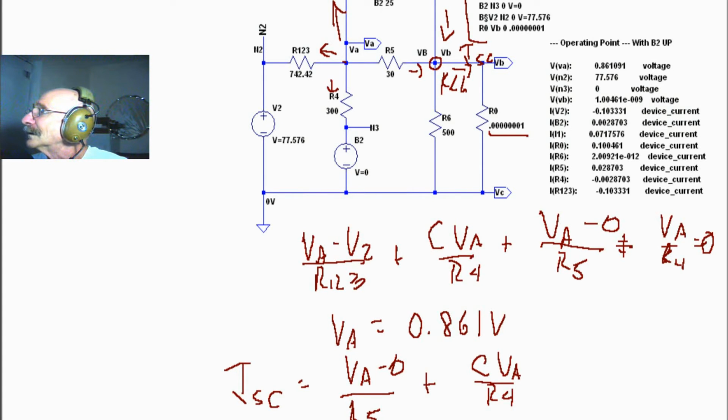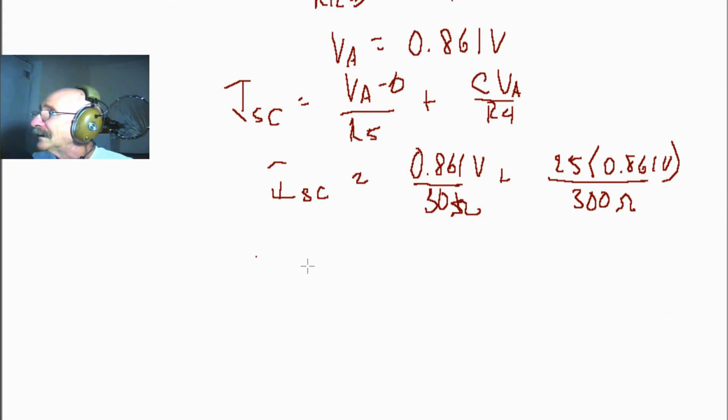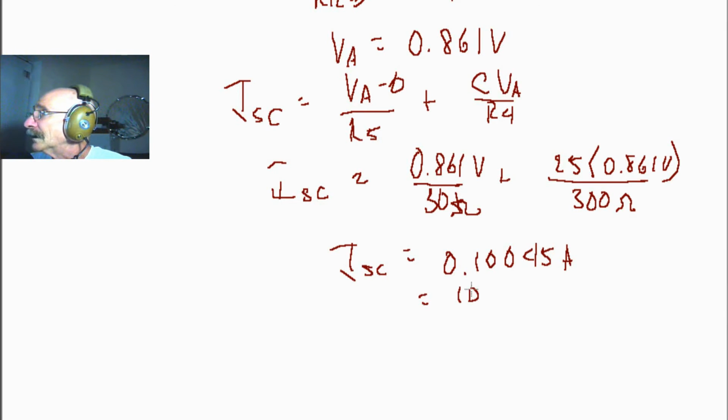No, that's 300. R4 is 300. That's correct. Okay, so that's right. And that gives us ISC. When you calculate that out, ISC is equal to 0.10045 amps, or about 100 milliamps.